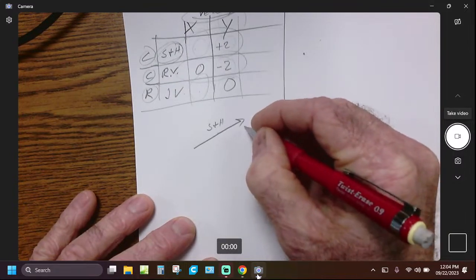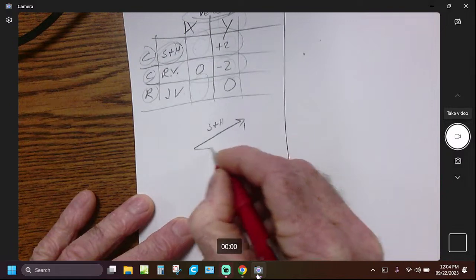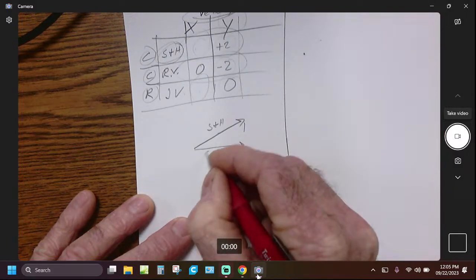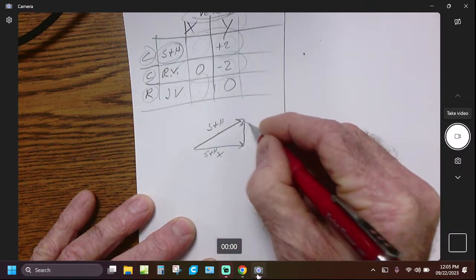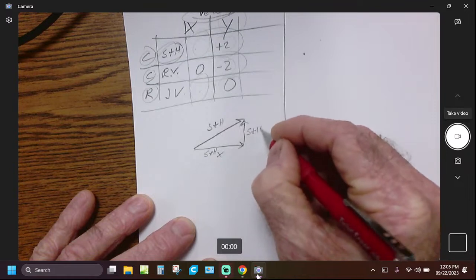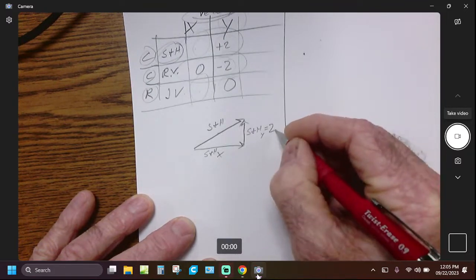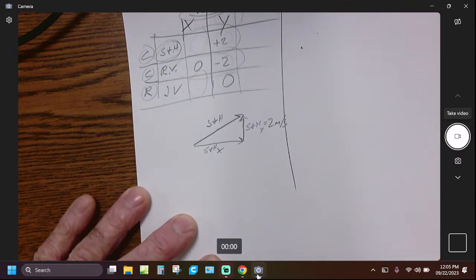So there's the x component of this. This is the x, I'll write S and H sub x. And then here, this is S and H sub y. And this one we know, this is 2 meters per second.